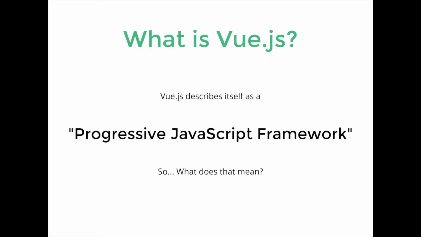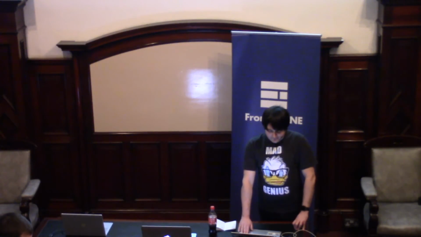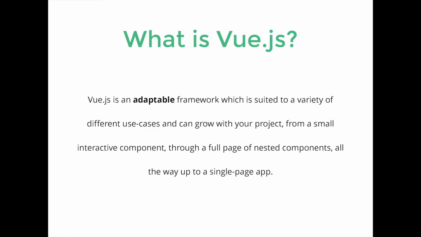So what is Vue.js? Well, on the Vue.js website, it describes itself as a progressive JavaScript framework. What that means is that Vue.js is an adaptable framework. It's suited to a variety of different use cases.